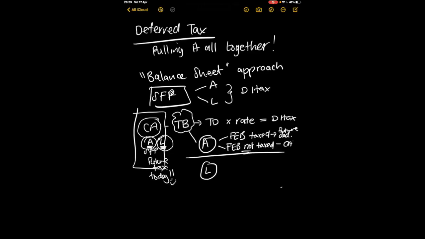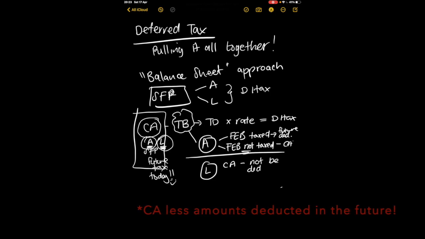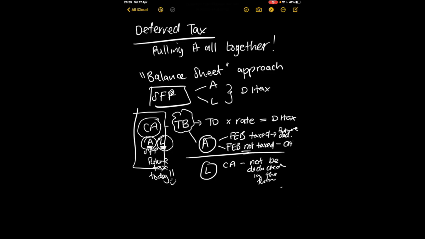Now for a liability, our tax base is the carrying amount less any amounts that will not be deducted in the future. And if the liability we're dealing with is income received in advance, then it would be our carrying amount less any revenue not taxed.